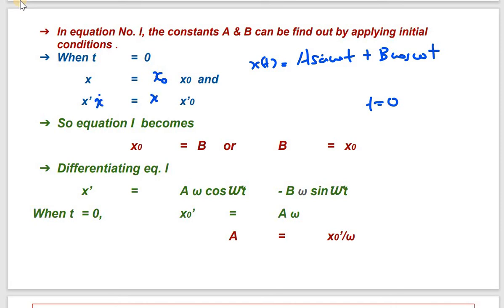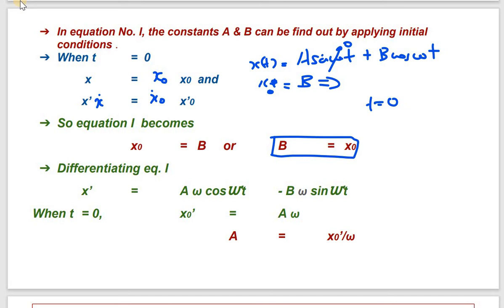X dot is equal to x dot 0. That is just a representation. So I am substituting in this one. When t is equal to 0, sin 0 is 0, so this term will be 0. Cos 0 is 1. So x of t becomes x0, and x0 is equal to b. So the first thing we have found out: b is equal to x0. That is the first equation.